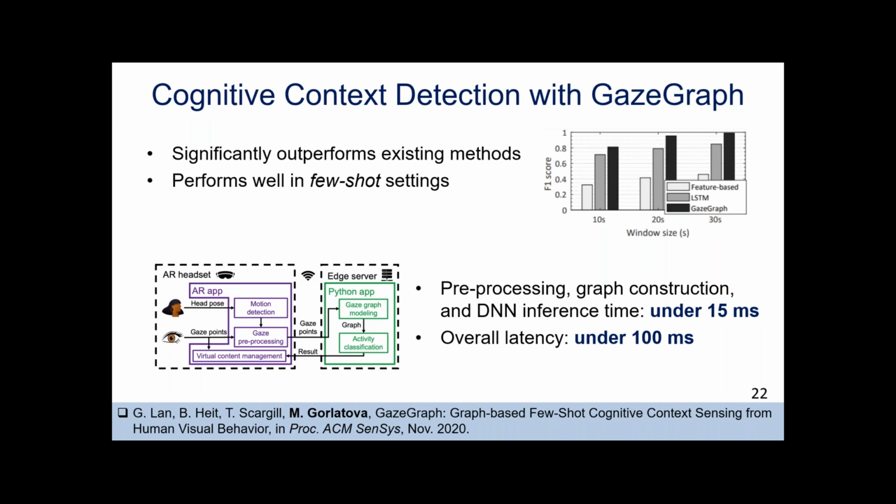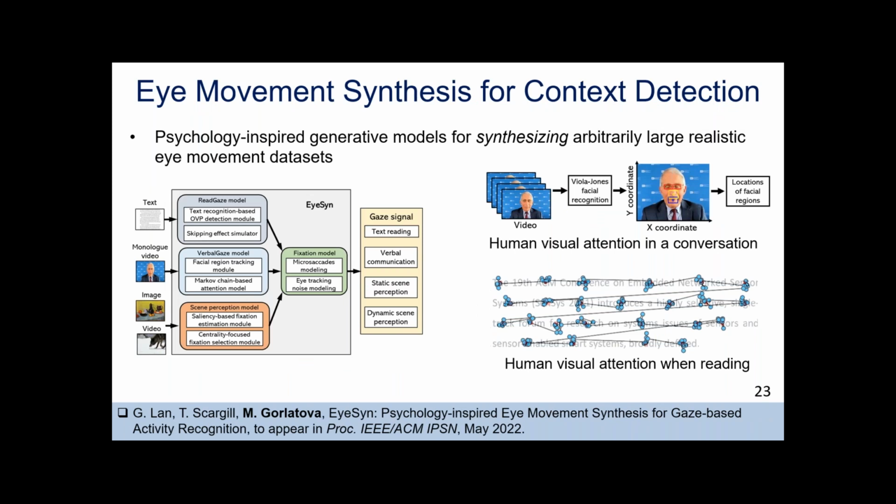I also wanted to mention another element of this work, and that is on generating data for training these eye movement-based classifiers. The challenge in creating classifiers that are based on gaze is that generally we need a fairly large data set of human actions to design the base classifier. And this can be problematic for small companies or startups in particular, as a significant investment into human data collection is required.